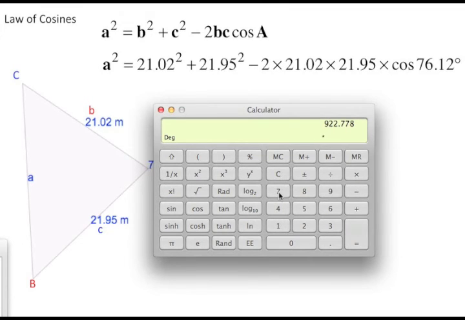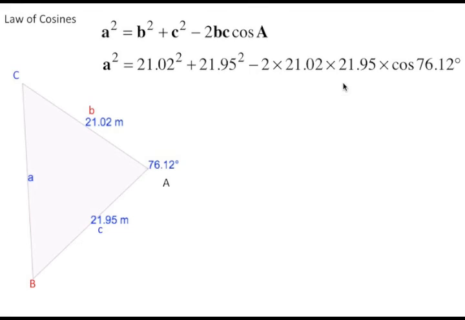On my calculator I have to put in 76.12 and then cosine. Then equals. All right, and that gives us 702.27843.